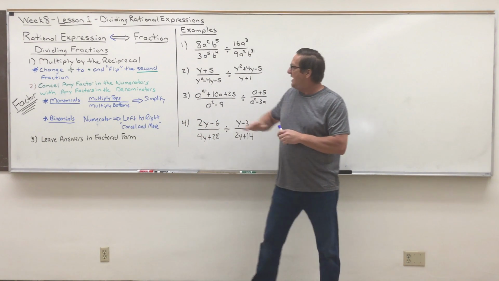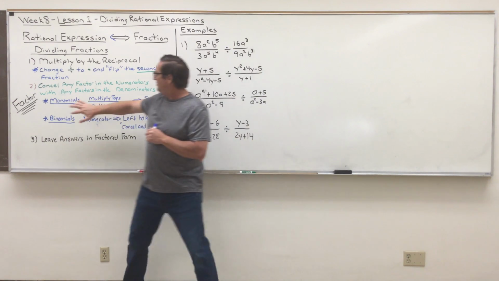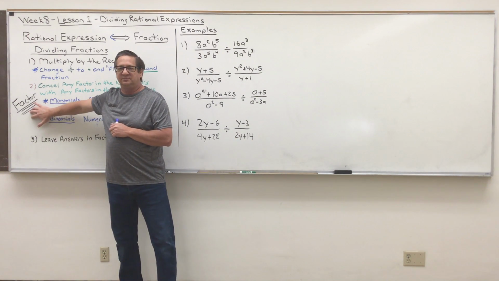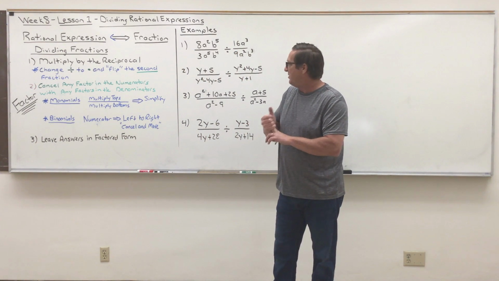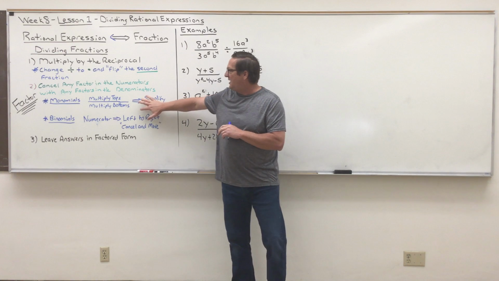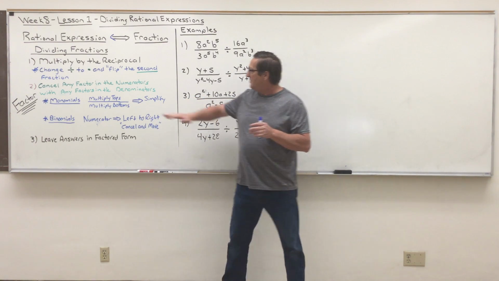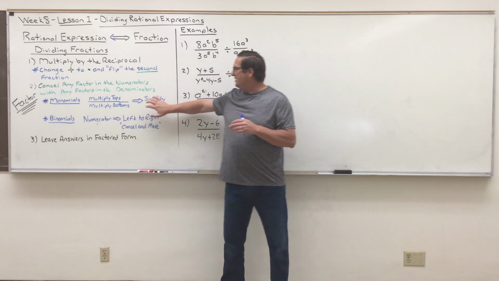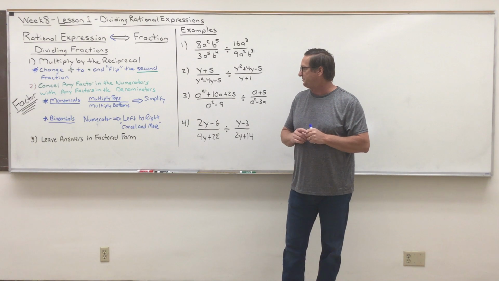The next thing was to cancel any factor in the numerators with any factors in the denominator. So we factor first, and then we cancel. And remember what we're doing. With the monomials, we separated them out, multiplied the tops and bottoms, and then simplified like we simplified in January.